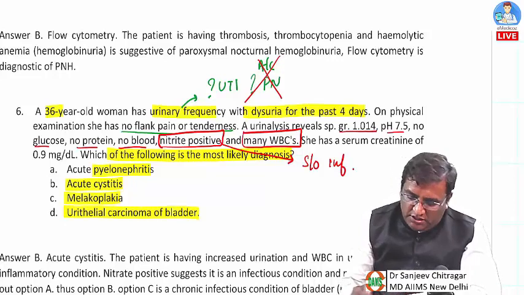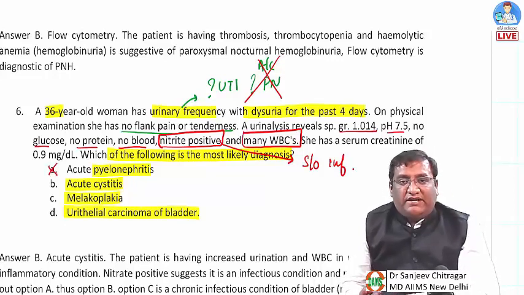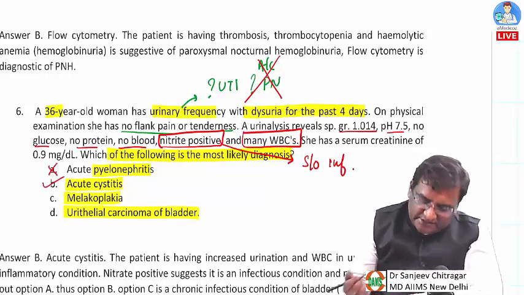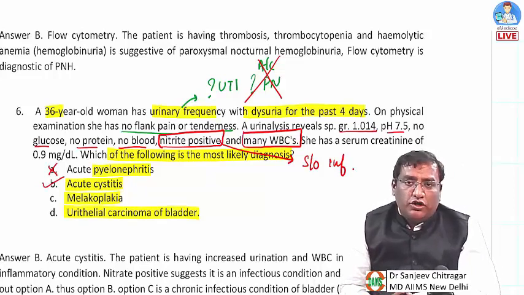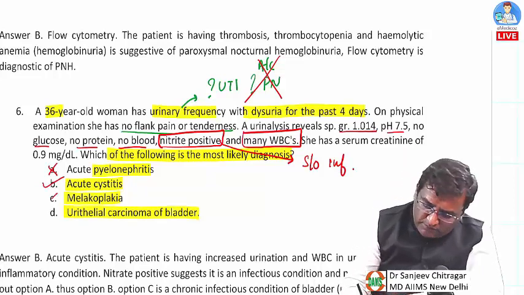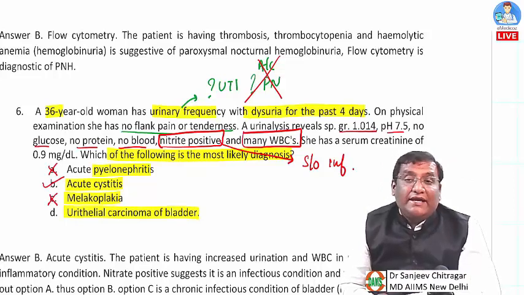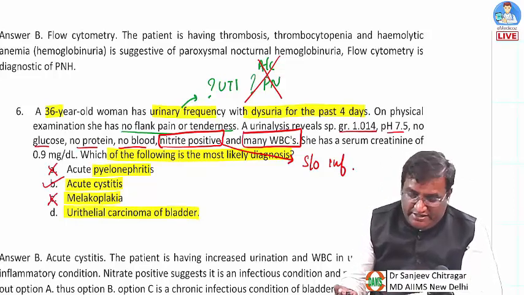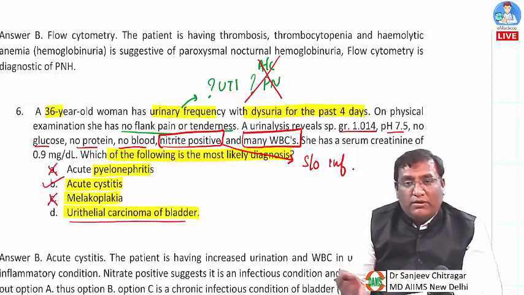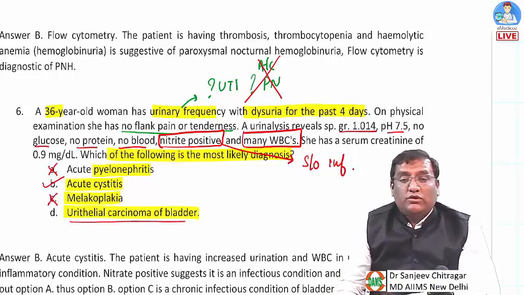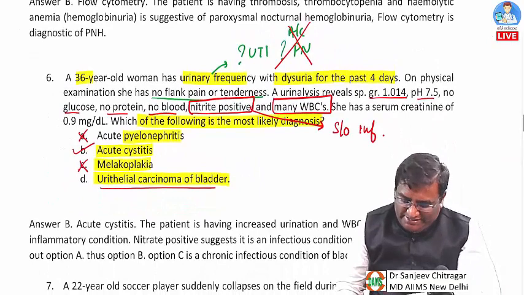That is not given. So it is not acute pyelonephritis. The answer is acute cystitis, which is a part of urinary tract infection. It is not malakoplakia. Malakoplakia is a chronic condition where Michaelis-Gutmann bodies will be seen, and definitely not urothelial carcinoma, which should have more hematuria in the urine examination.